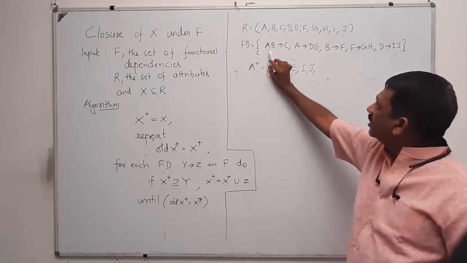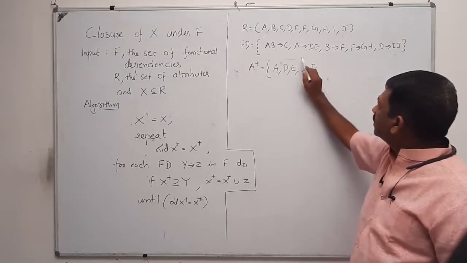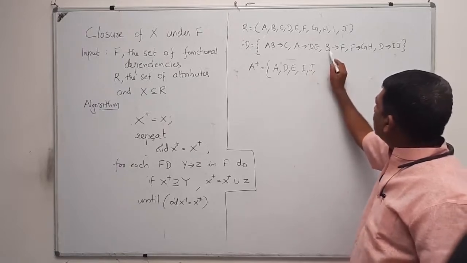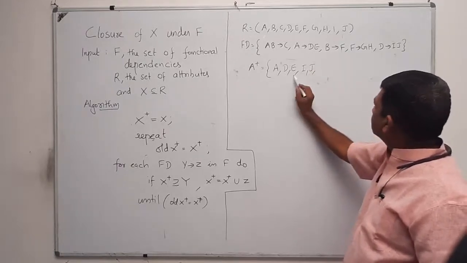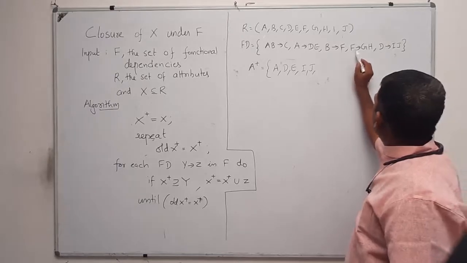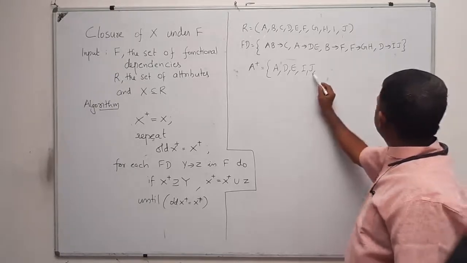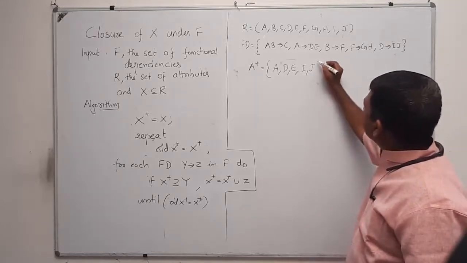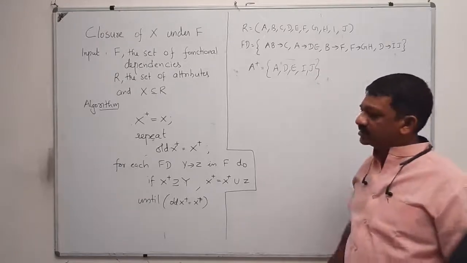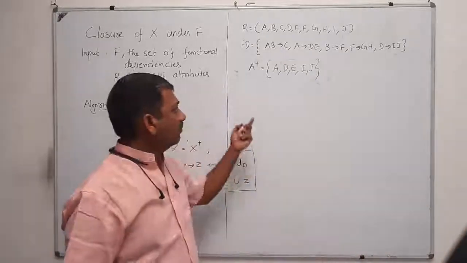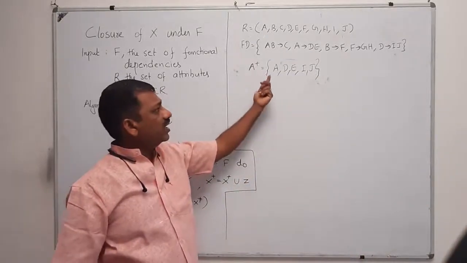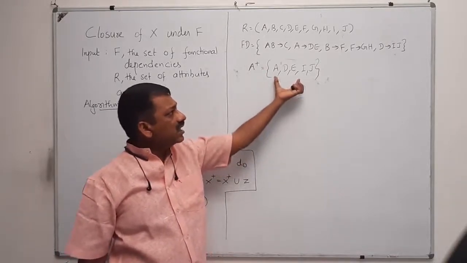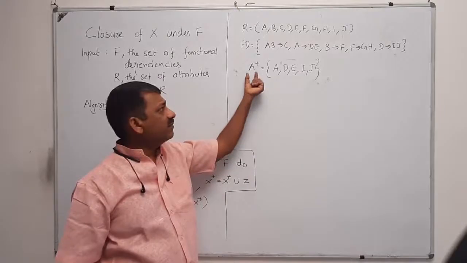Now, AB is not a subset of this. A is a subset of this. We have included D. What about B? B is not a subset of this. F also is not a subset of this. D is a subset of this, so we have already added this. That means here the closure of A is A, D, E, I and J. These are the attributes that can be reached from A plus.